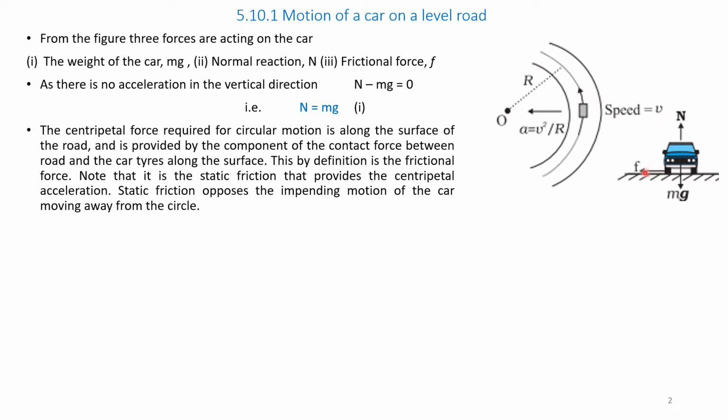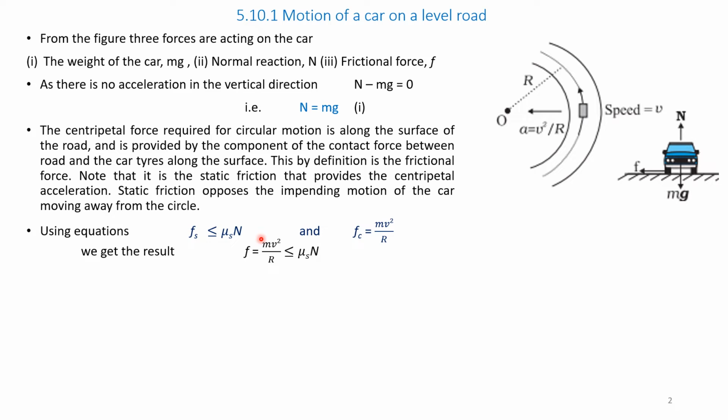Note that it is the static friction that provides the centripetal acceleration. The static friction opposes the impending motion of the car moving away from the circle. Using equations which were derived in section 5.9, recalling Fs is less than or equal to mu s into N, where Fs is the static frictional force, mu s is the coefficient of static friction and N is the normal reaction.